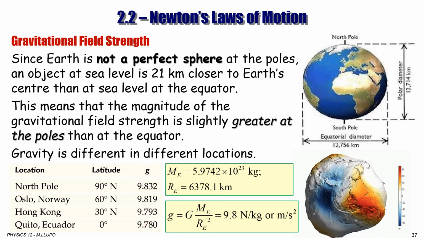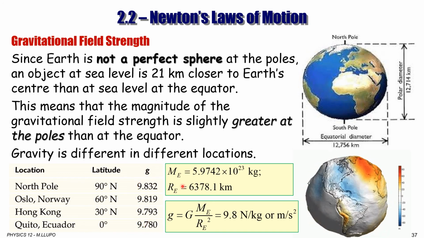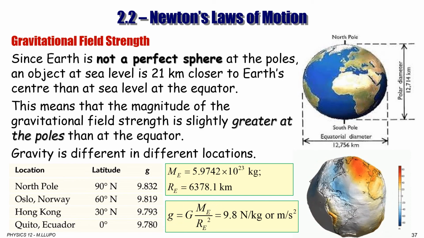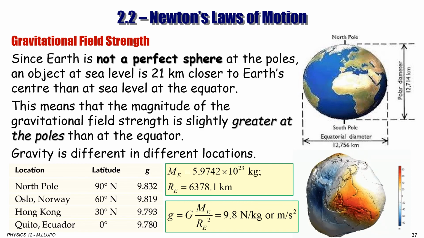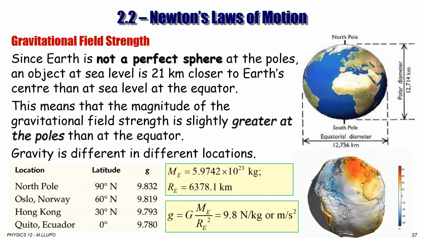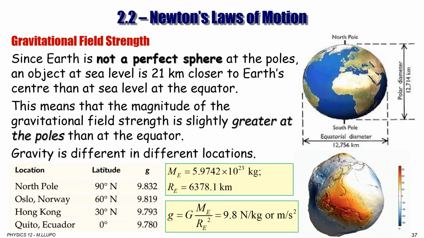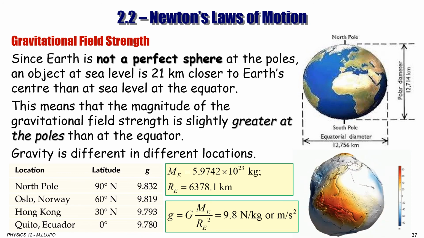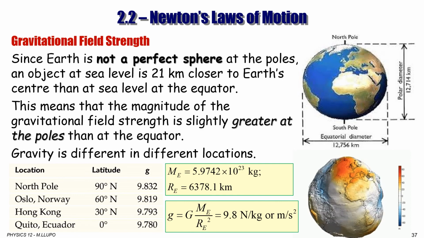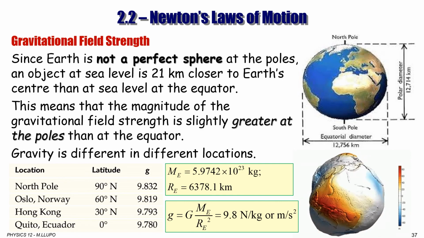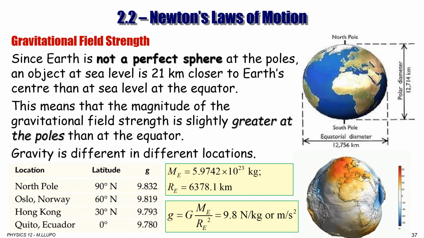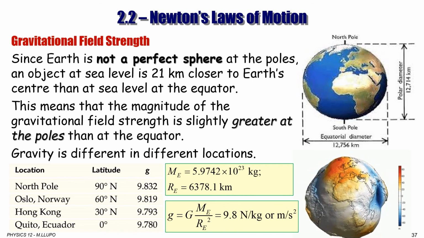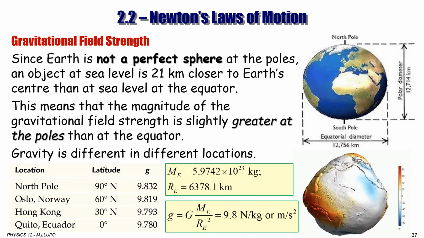And as I said, in chapter 6 you're going to learn how to calculate g using universal gravitational force, in order to calculate the value of g in North America, which is 9.8. So we know that the mass of the Earth is constant, the radius is changing. So that's why g is changing based on distance from the center of the Earth.